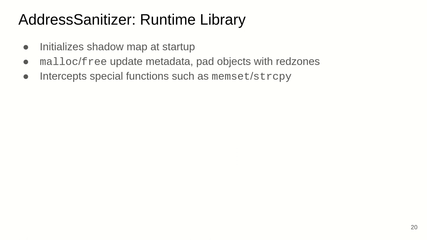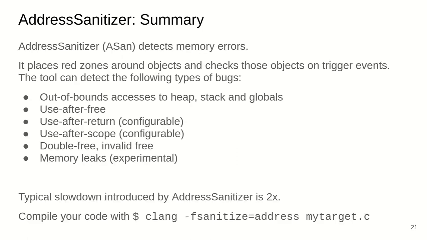And the runtime library also intercepts special functions such as memset and strcpy to make sure that they can actually work. So AddressSanitizer detects memory errors by placing red zones around objects and then checking those objects on specific trigger events. The tool detects quite a bit of issues.